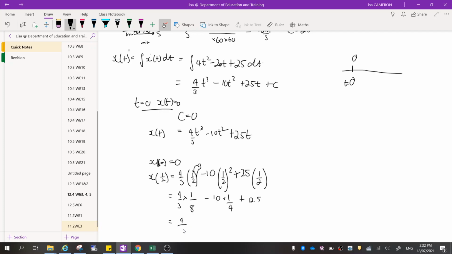So that's going to be 4 over 24, which can be broken down more into 1 over 6, minus 2.5 plus 12.5. So that is going to give me 10 and 1/6. Okay, so that means that our thing has travelled 10 and 1/6 meters before it stops.